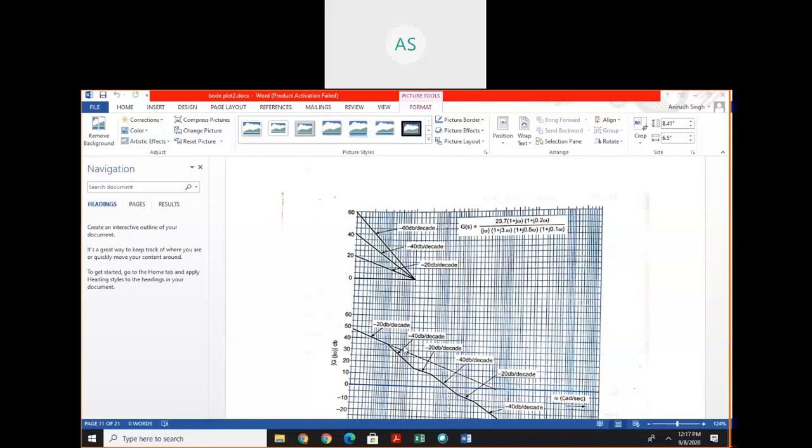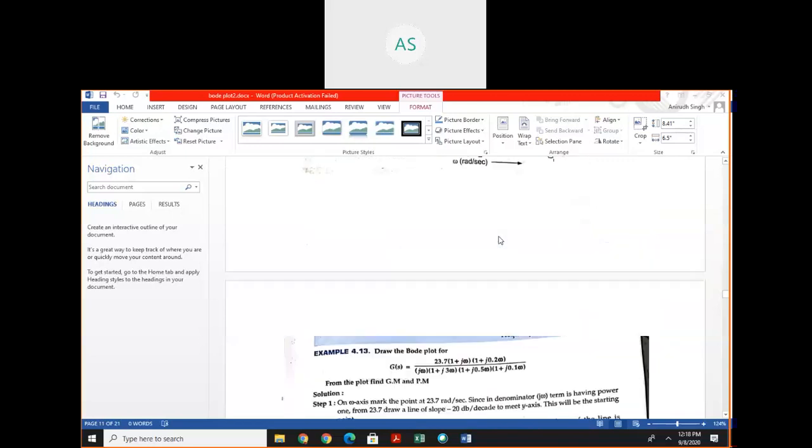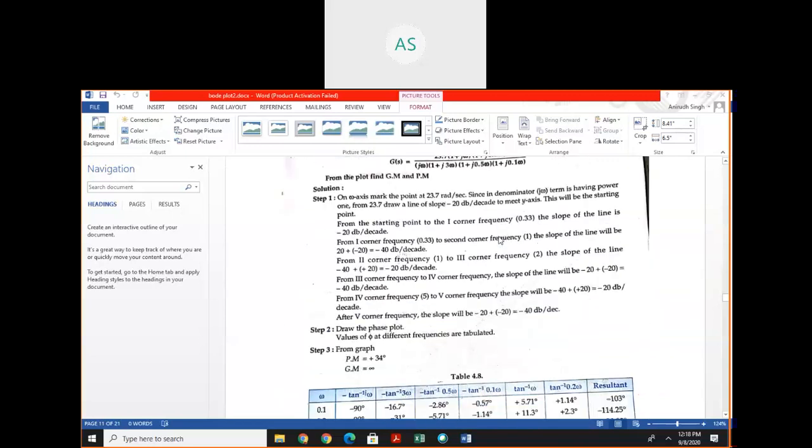Then the next corner frequency is 0.33 for this term.